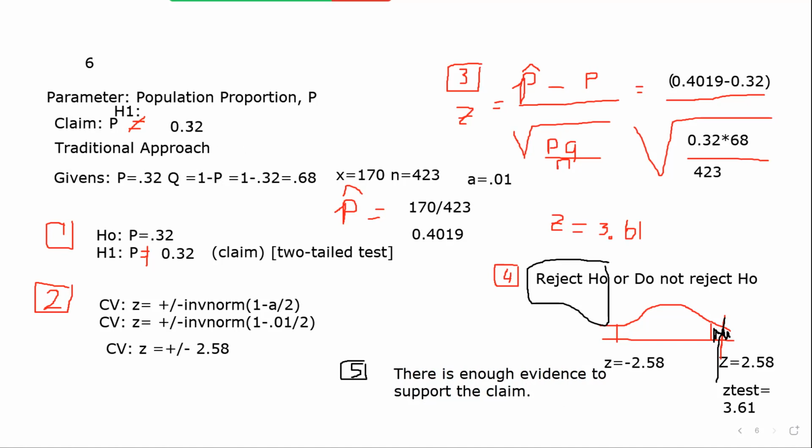Support because my claim is H1, and there is because I rejected HO. So I don't have HO anymore. So I'm keeping H1 in effect. I'm supporting it. So there is, don't forget to underline is. There is enough evidence to support the claim. Okay, I got it.